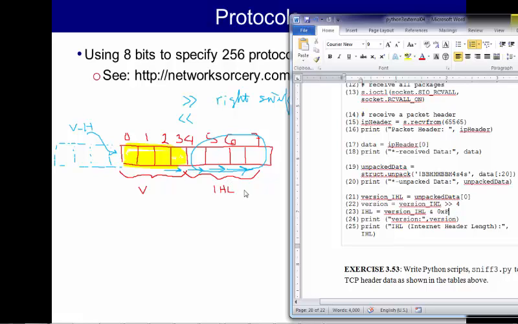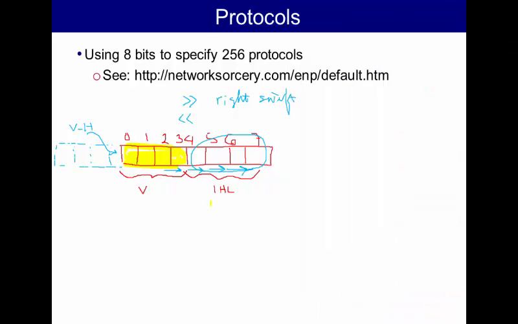And how can you get the IHL, which is version underscore IHL? Now we want to use a bitwise AND operation. For hex, I want to AND the value with F.